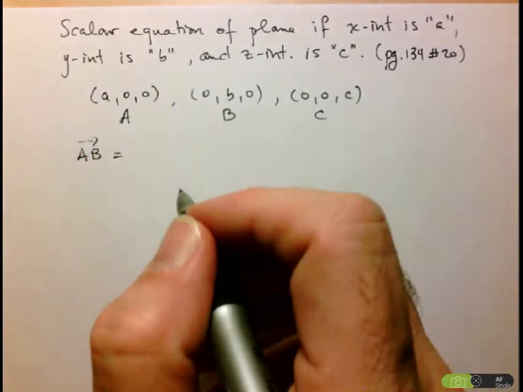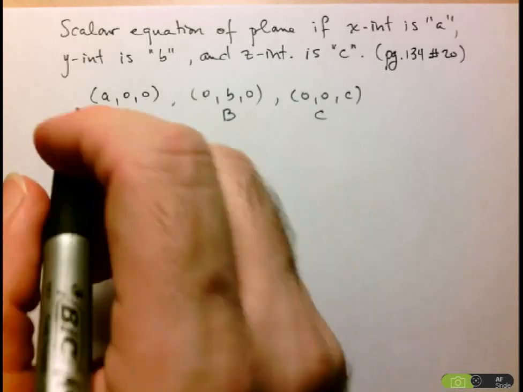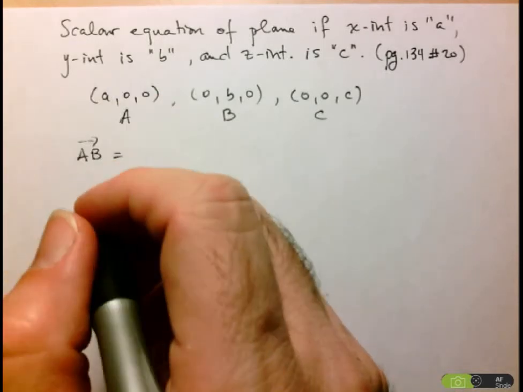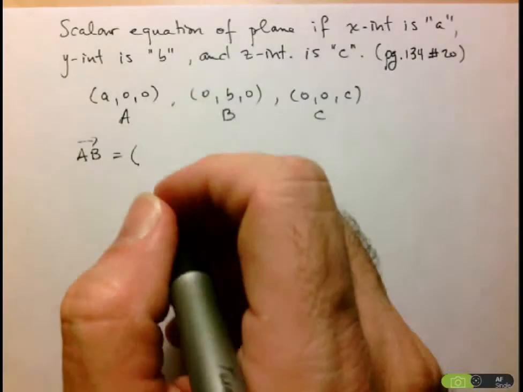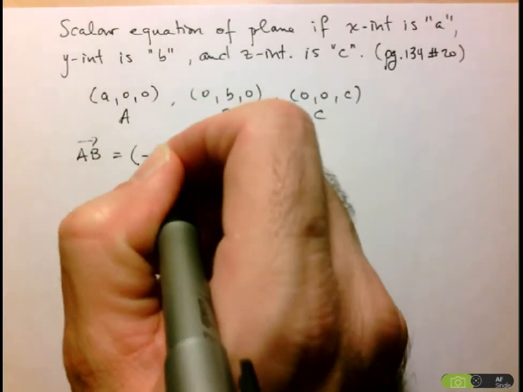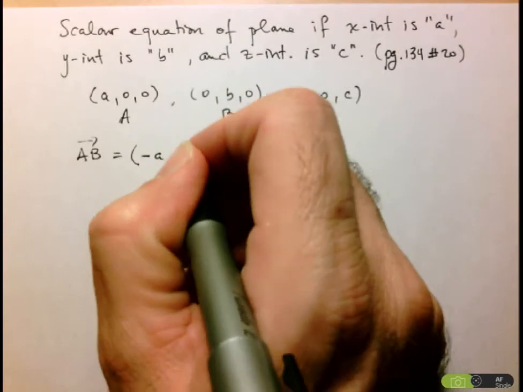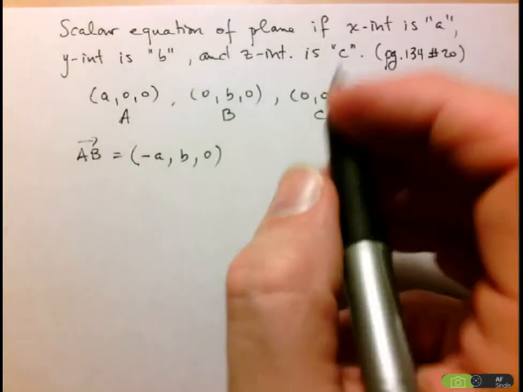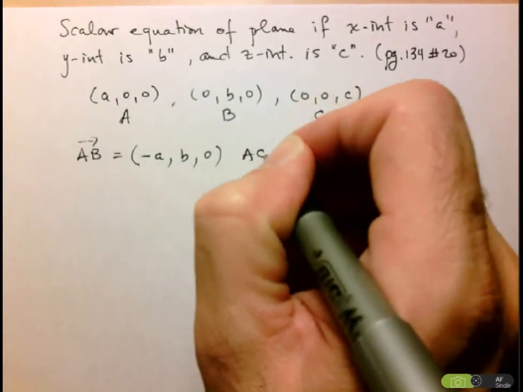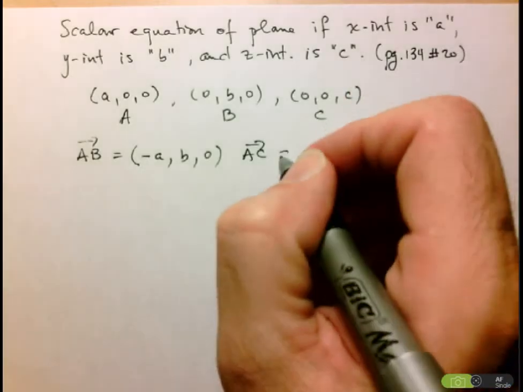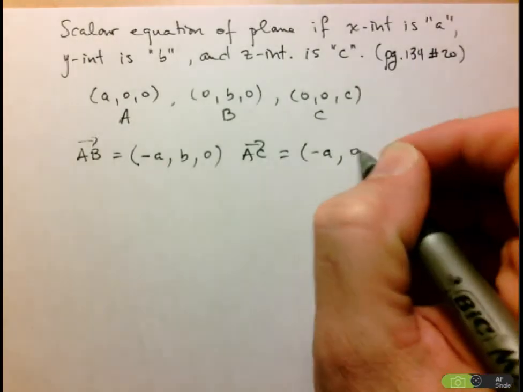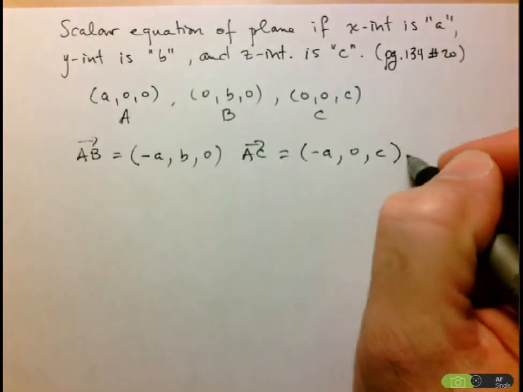Remember, especially when we're finding the scalar equation, regardless of how we go about doing it, we should end up with the same answer. So AB is 0 minus A, so negative A, B minus 0 is B, and 0 minus 0 is just 0. Then we'll take AC, which gives us negative A, 0 minus 0 is 0, and C minus 0, so C.